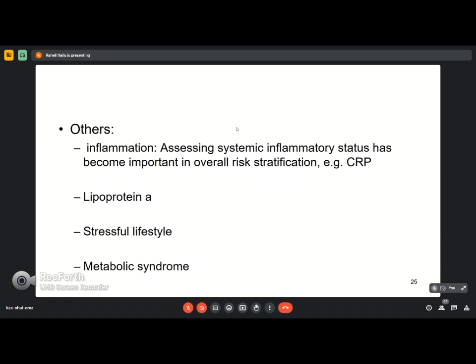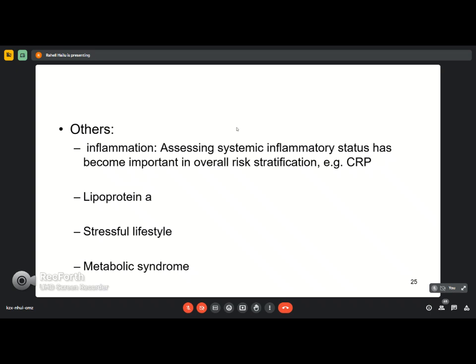If there's continuous inflammation, you have a higher risk of occlusion of the arteries, not just plaque formation, but occlusion of the arteries and then progression of the disease. So inflammation by itself is an independent risk factor for predicting prognosis of patients with atherosclerosis.